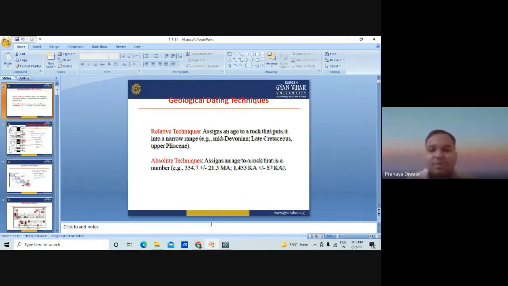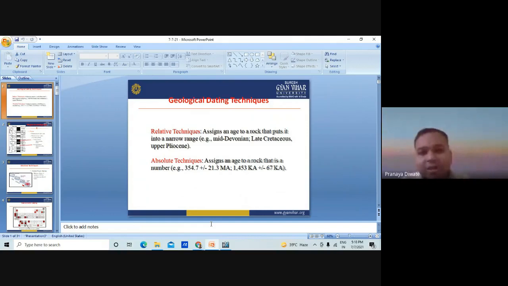Then you have the second, the absolute technique. The absolute technique is assigning an age to a rock which is a number. It means if the same person comes into the room and says he is 23 years and 7 months and some days, that is the exact number he has about you.